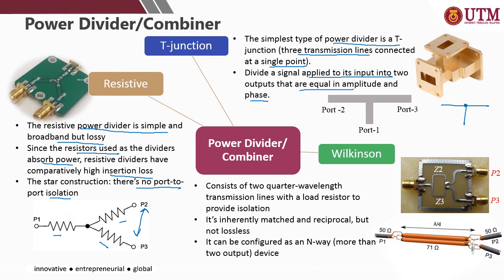And to improve further, there is an upgraded version of the T-junction power divider, which is called the Wilkinson power divider, which consists of two quarter wavelength transmission lines, lambda over 4, with a load resistor to provide isolation. It is inherently matched and reciprocal. You can remember the meaning of reciprocal: the matrix S is equivalent to its transpose. What is transpose?